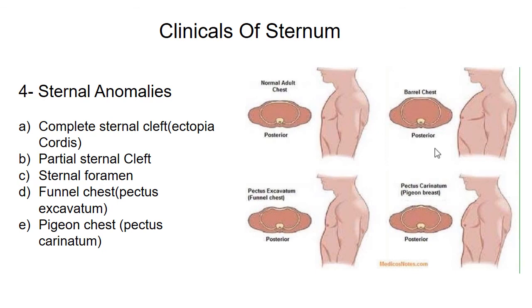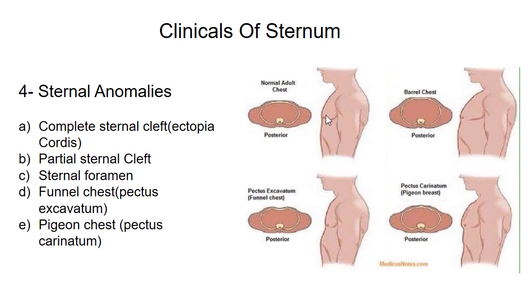Now the last condition is the pigeon chest, which is also known as pectus carinatum. In this condition, the sternum is pushed outwards, as you can see in this image, instead of being flushed against the chest wall. This is the normal adult chest.